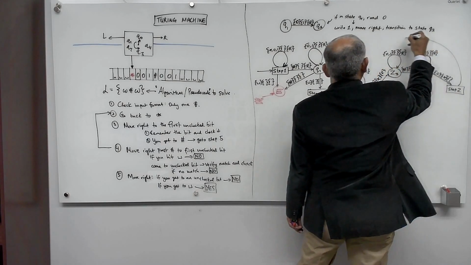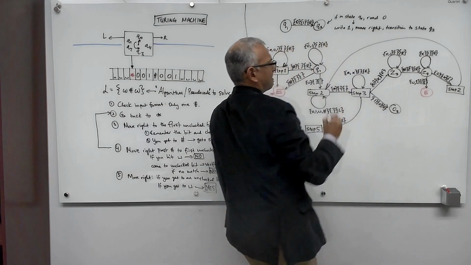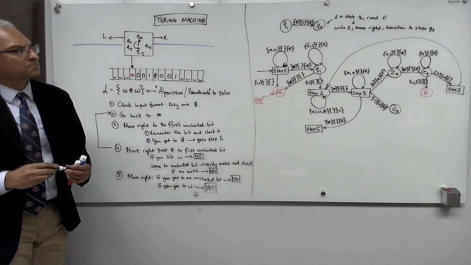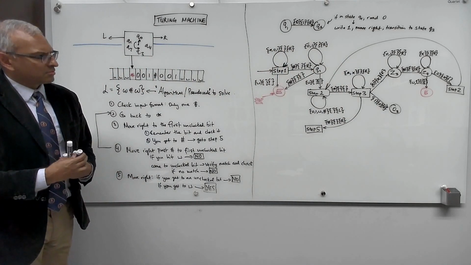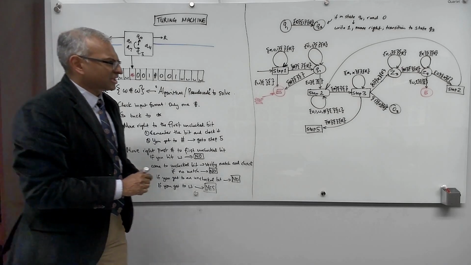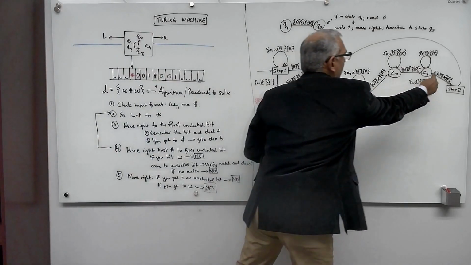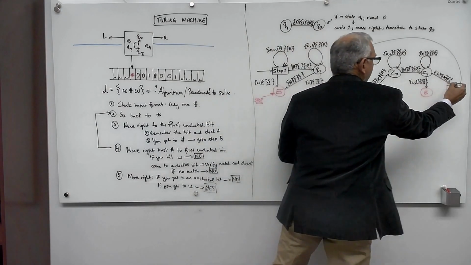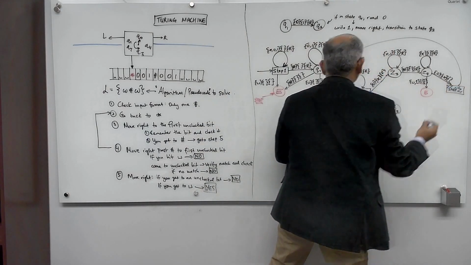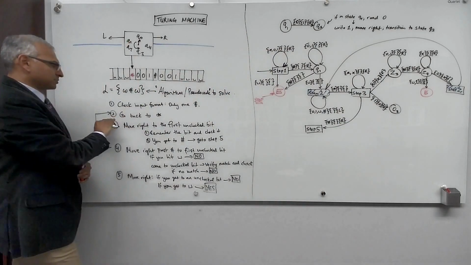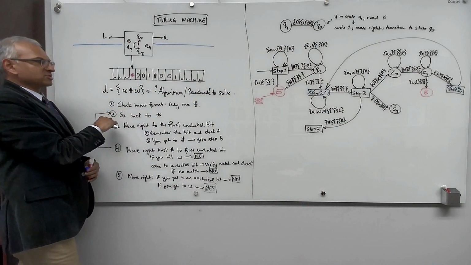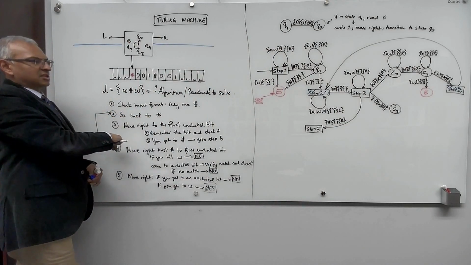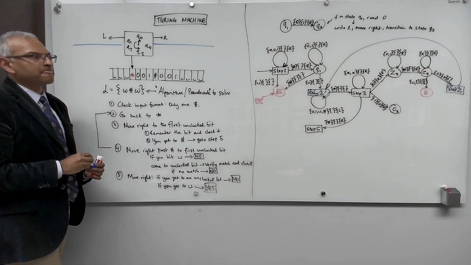That's actually this state. It's hard to draw this arrow all the way there, so I'll just illustrate that this state and this state are the same state. They're both step 2. And I continue from step 2. Step 2 gets me back to star, and then I repeat step 3 and step 4.